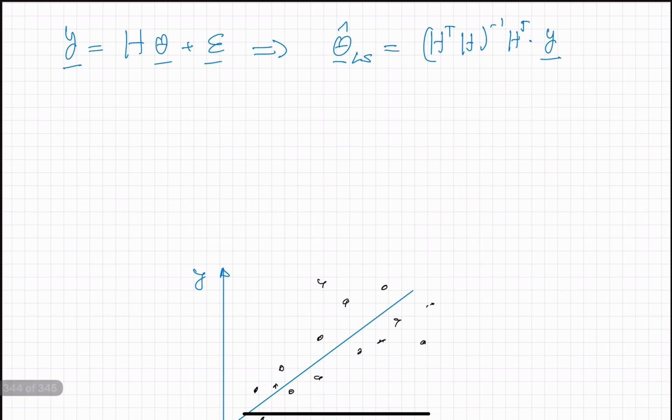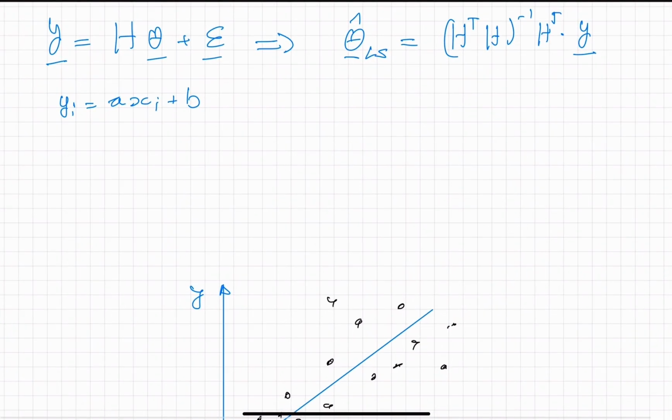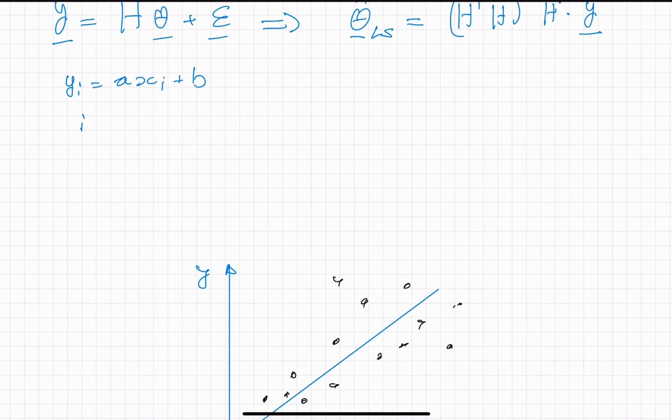So we know that a line, let's say every measurement will be described by a line with a slope of A and a bias of B, interception of B. A and B are the parameters we want to estimate, and we can write it in a matrix vector form. Let's say that we have n measurements, so i goes from 0 to n minus 1.